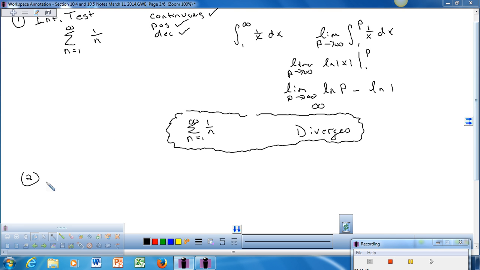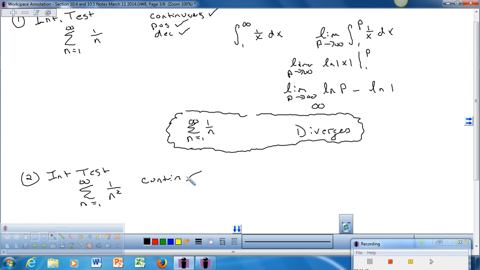We're going to do another integral test example. For this one, it's the sum from n equals 1 to infinity of 1 over n squared. The process is the same. Is it continuous in the interval? Yep.